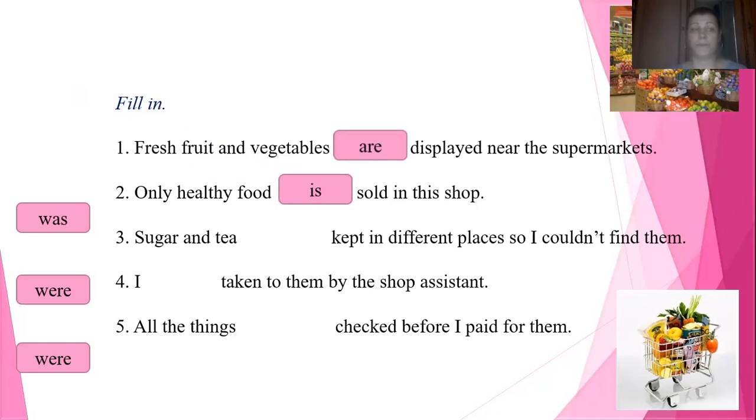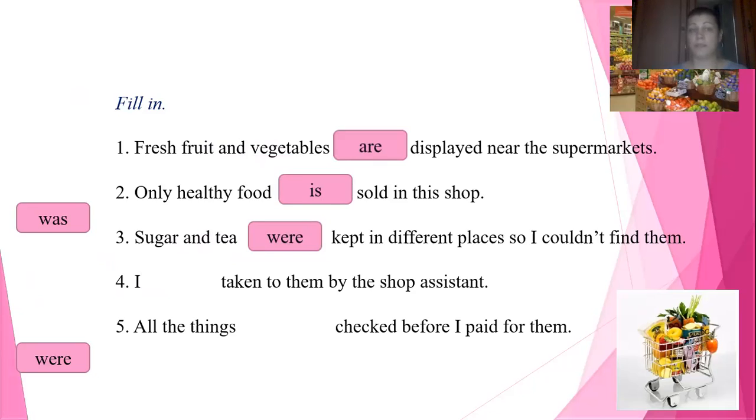Well done. The next example. Sugar and tea kept in different places, so I couldn't find them. Be very attentive and your choice. Sugar and tea were kept in different places, so I couldn't find them. The next sentence.